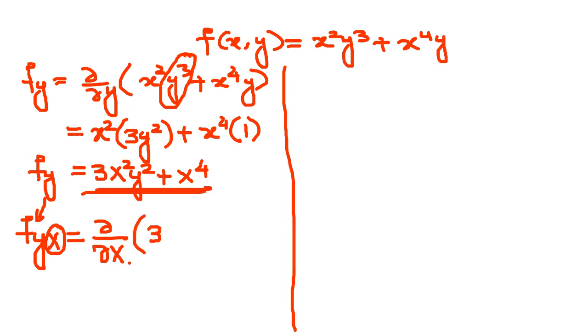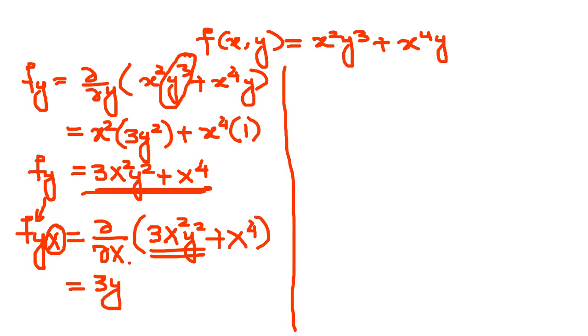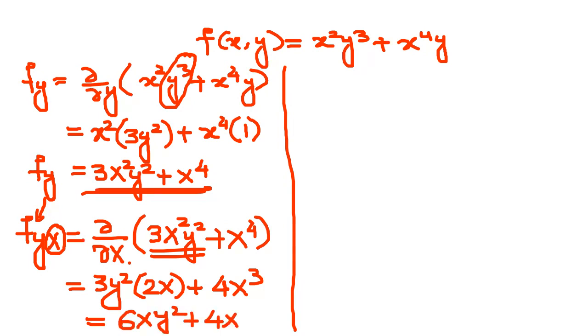So what is the partial derivative with respect to x of this one? 3y square, and x square derivative is 2x, plus x power 4 derivative is 4x power 3. So this is equal to 6xy square plus 4x power 3.